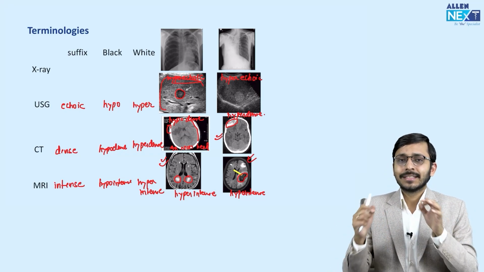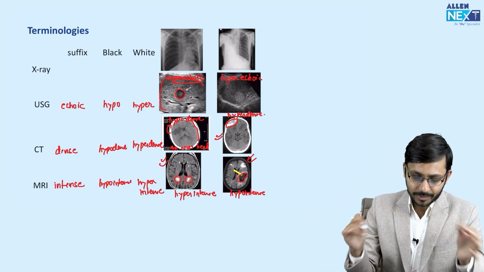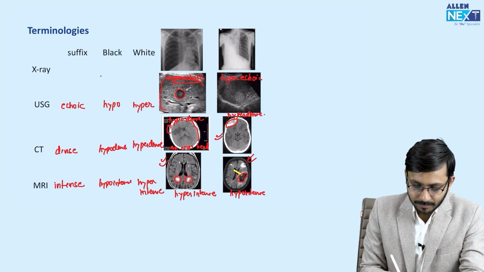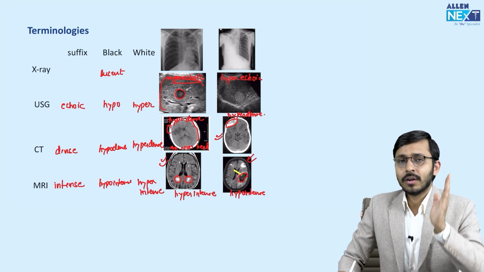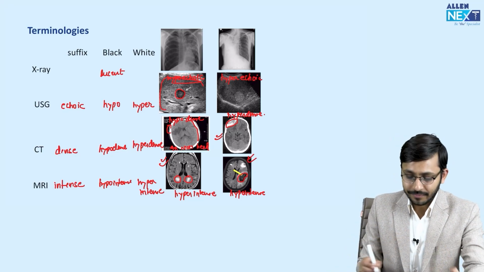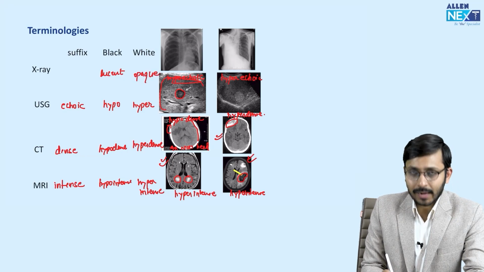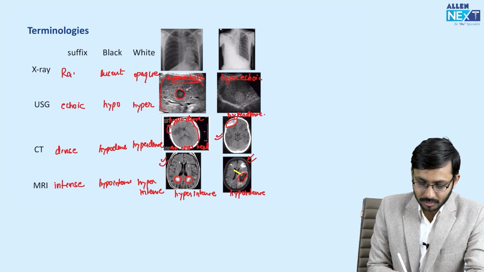Now, for X-rays, the terms are slightly different altogether. For black things on X-ray, we use the term lucent, and for white things on X-ray, we use the term opaque. And what is the suffix in X-ray? It is radio.